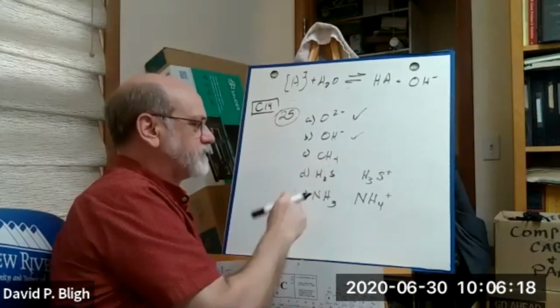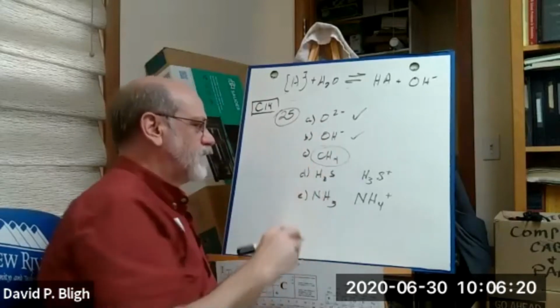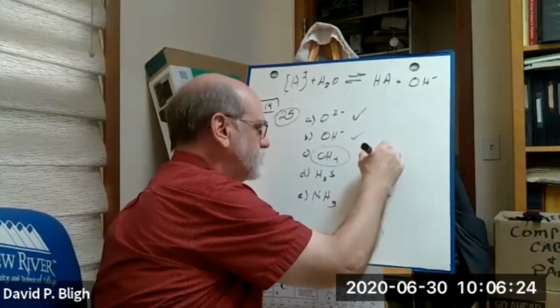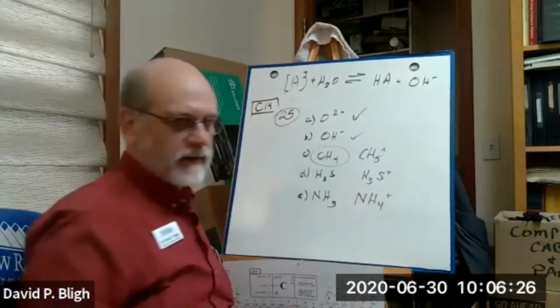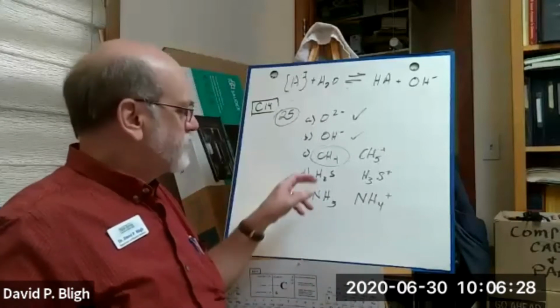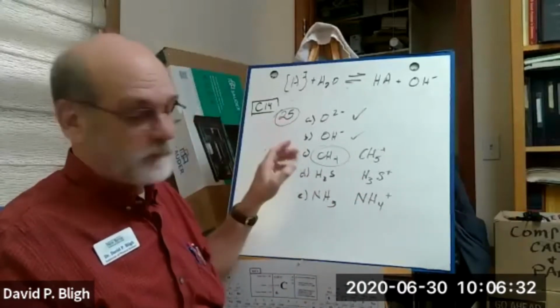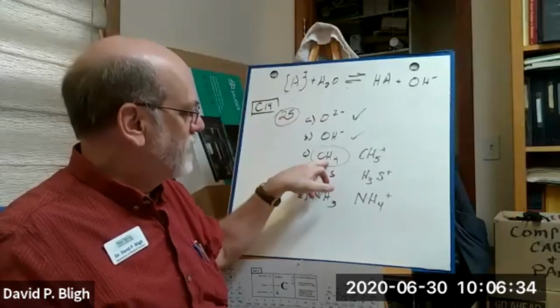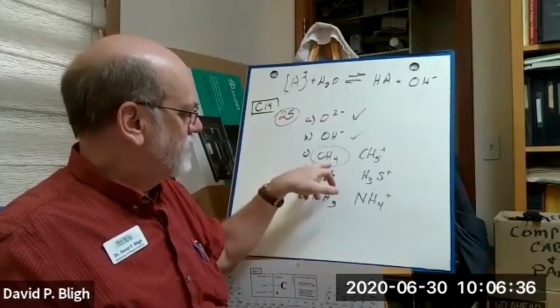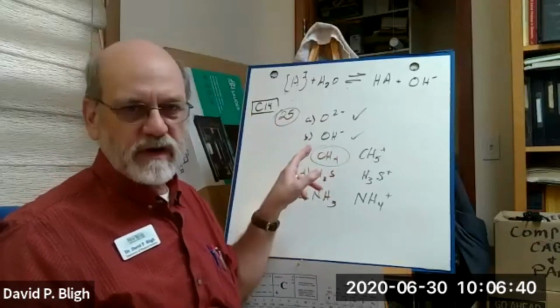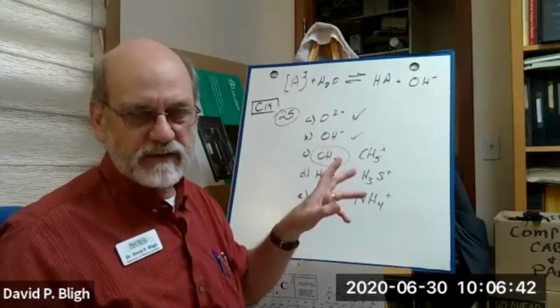This one does not do that. The reason for that is, and this may be hard to understand, and is one of the reasons I wanted to do this one, that methane is not only a covalent compound, the carbon is satisfied.